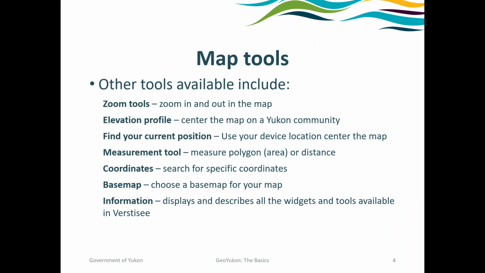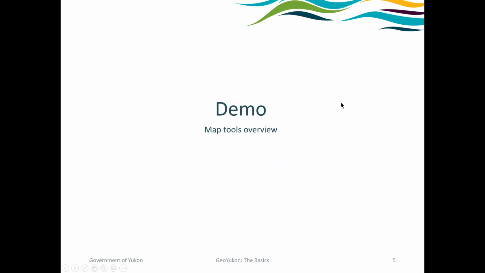And then there's an information tab, which displays and describes all the widgets. So if you get a little lost, it's a good tool to explore because it explains what the widgets are used for. So I'm going to go ahead and give you a quick demo of the map tools.